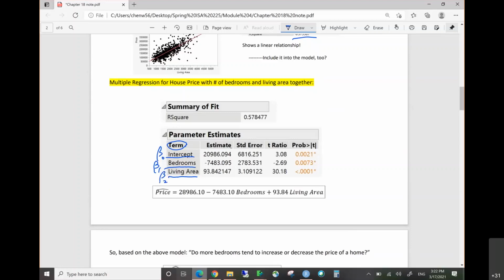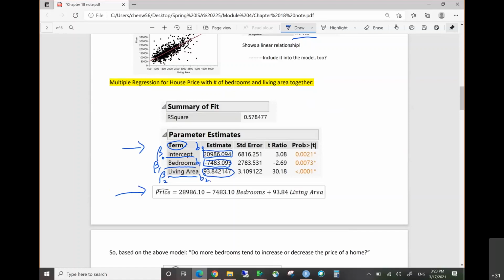So the estimate for beta 0, which is b0, will be this much, and then b1 will be this much, and then b2 will be 93 something. All right, and then based on this table, we can write this equation.